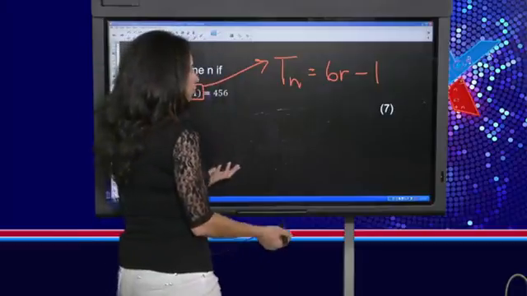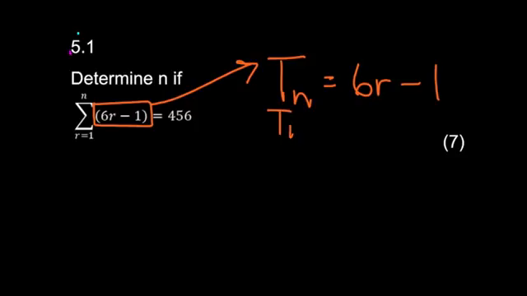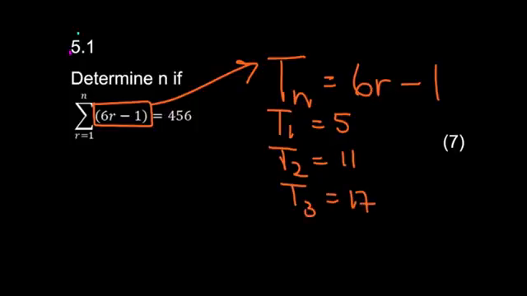So if I want the first term, I'm getting 6 minus 1. If I want the second term, I'm getting 12 minus 1. If I want the third term, 18 minus 1. So I can tell that the sequence is what kind?